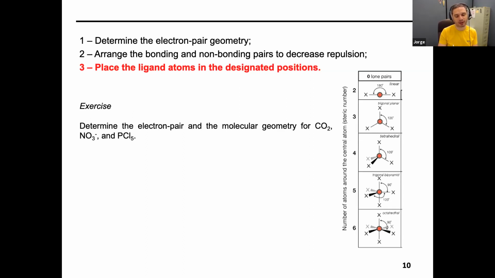First, of course, draw the Lewis structure, then determine the electron pair geometry, and from there, let's determine the molecular geometry. I'm going to give you a couple minutes to start, and then we will solve together.